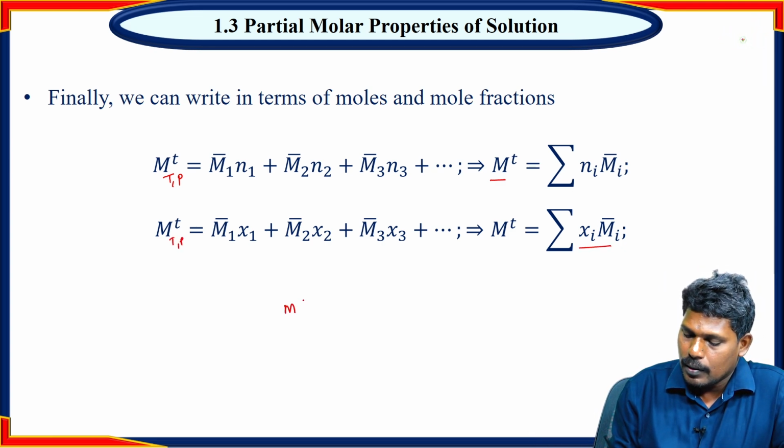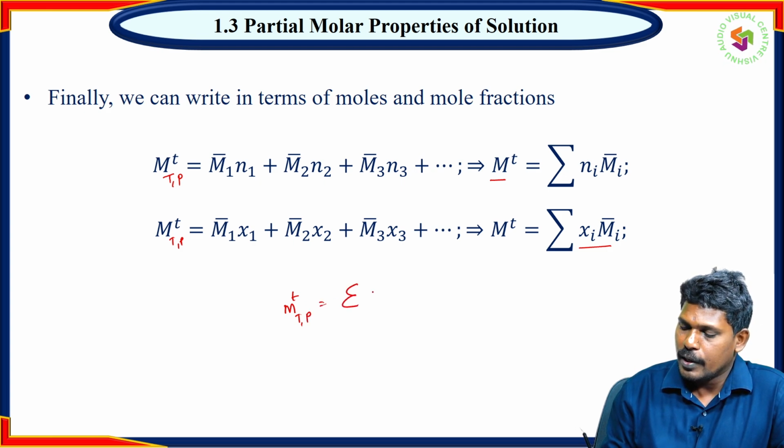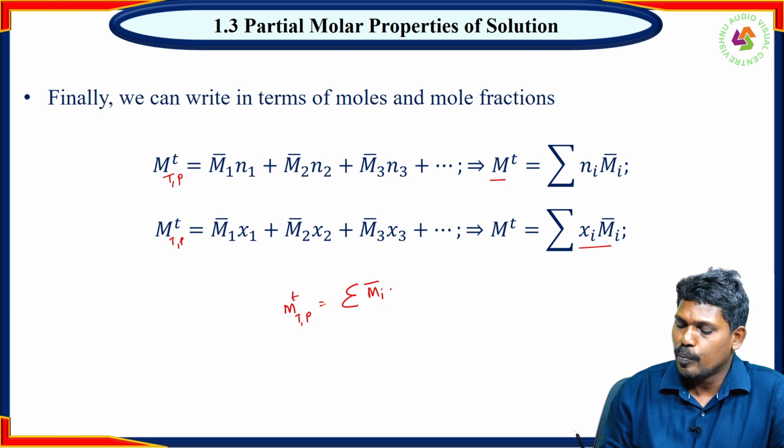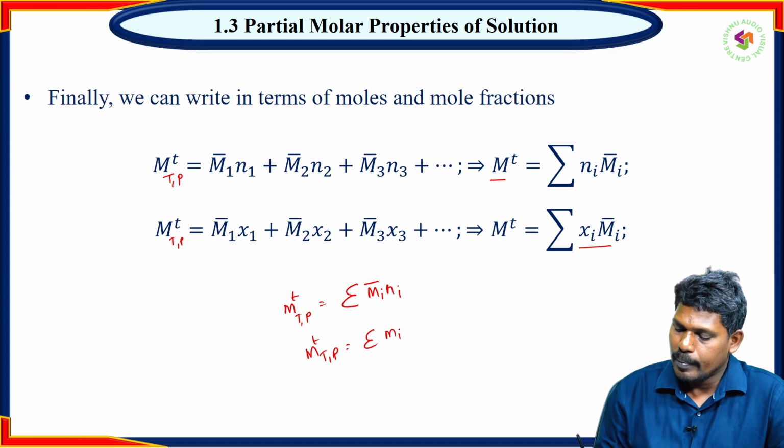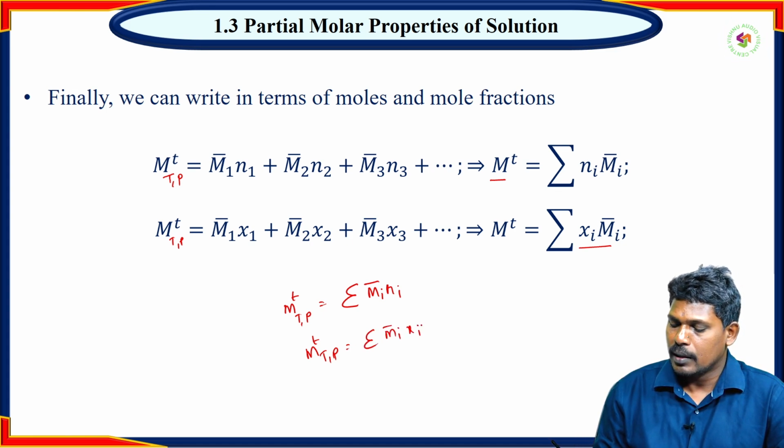So Mt at constant temperature and pressure is equal to the summation of the partial molar property of each compound into the number of moles of that compound, or in other words, Mt at constant temperature and pressure is equal to the summation of Mi bar into xi.